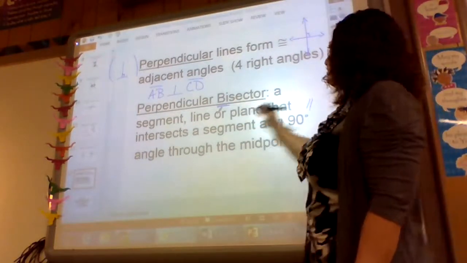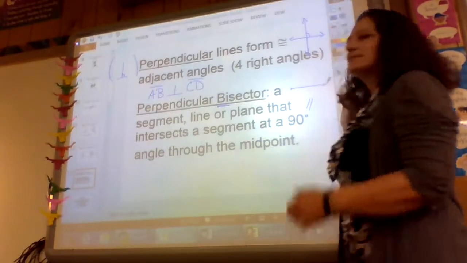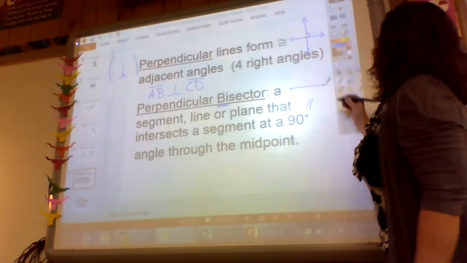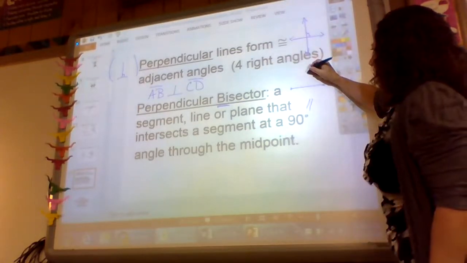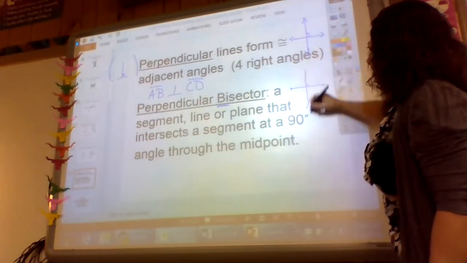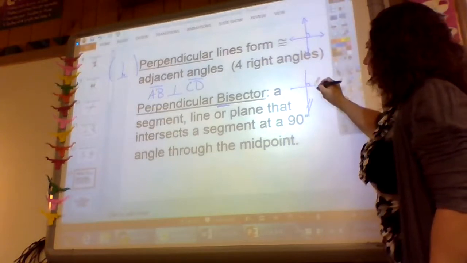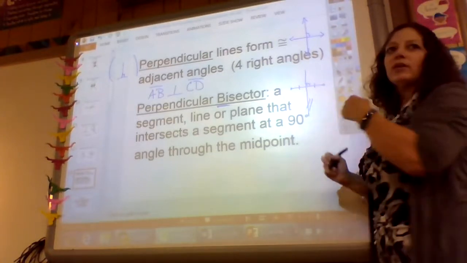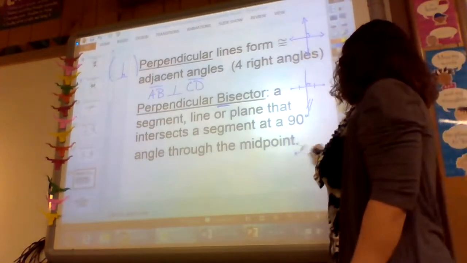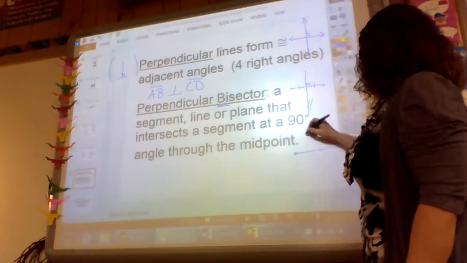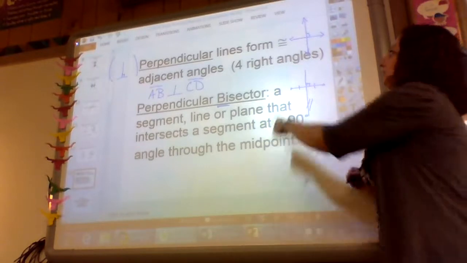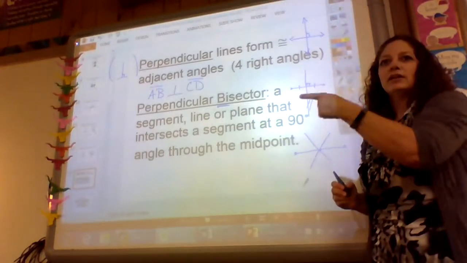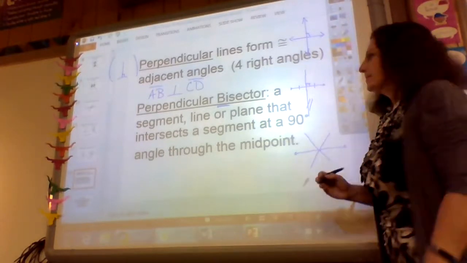So a perpendicular bisector would be like if I had a segment and I wanted to cut that in half and make a right angle, I would have a line that goes straight down through the middle, cutting in half, but also forming a right angle. So just bisector, something could go anywhere through the middle. It could go any direction, but perpendicular specifically has to have right angle and cut in half.